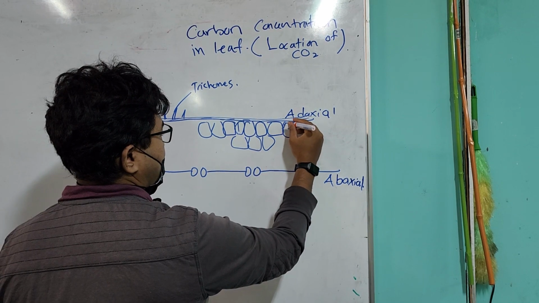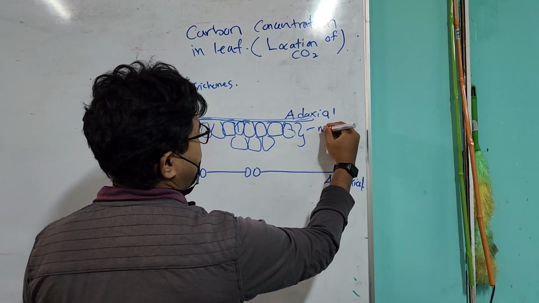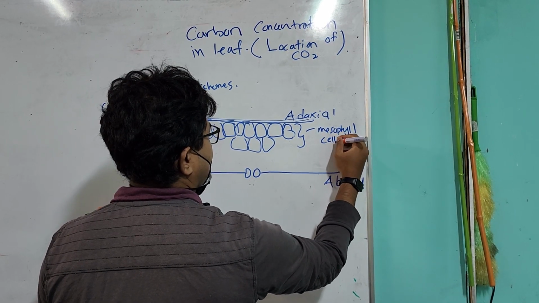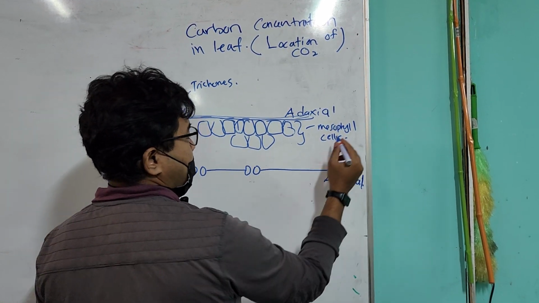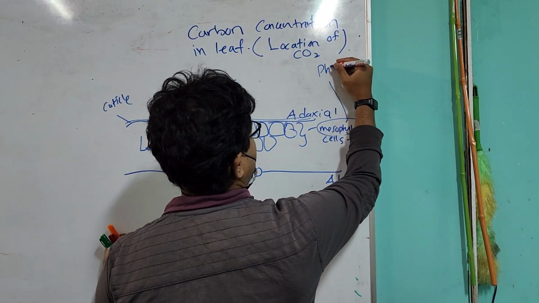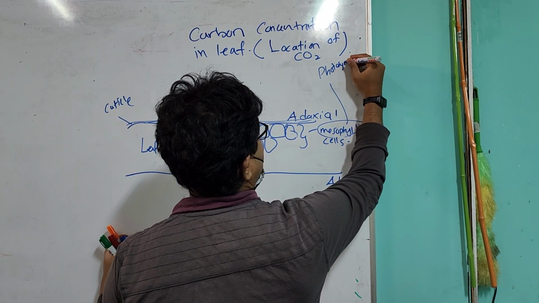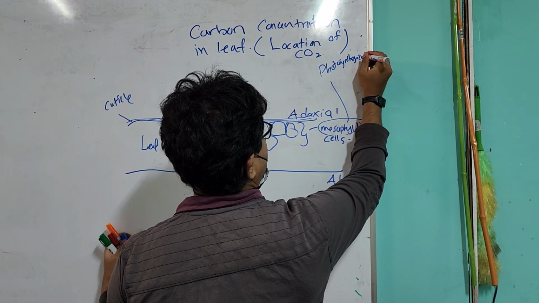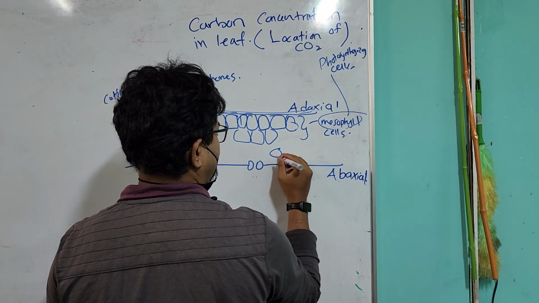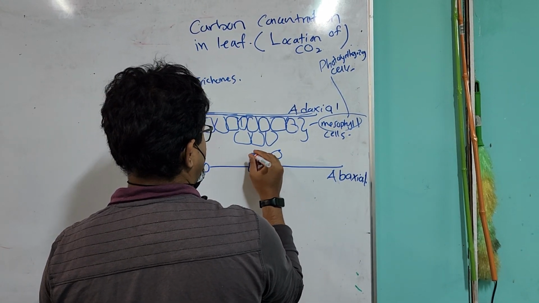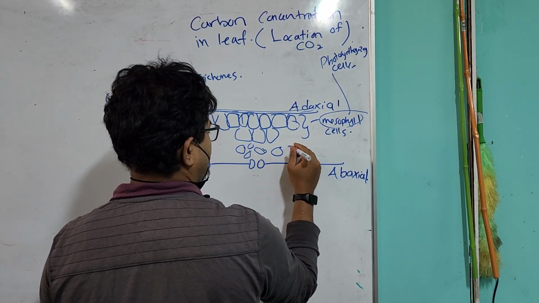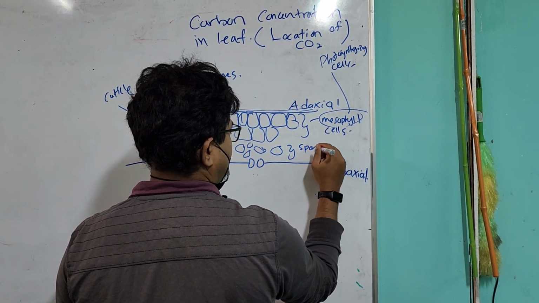So this region here we call mesophyll cells. Okay. Mesophyll means photosynthesizing cells. And the other one is sometimes you got loosely arranged mesophyll. So this is spongy mesophyll.